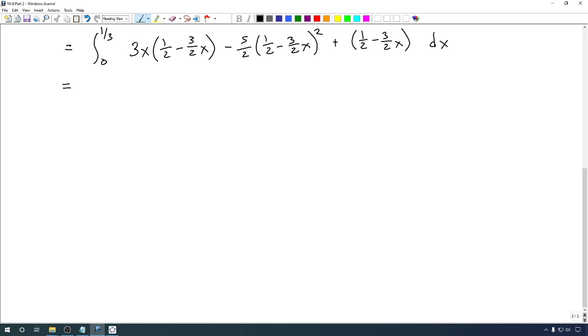So here we distribute the 3x to both the 1/2 and the minus 3/2 x. So we're going to have an x and an x squared with different coefficients. Here we have to square this, and just keep in mind to distribute that negative 5/2, and we combine all the like terms. I'm going to skip all that algebra and write down what I got.